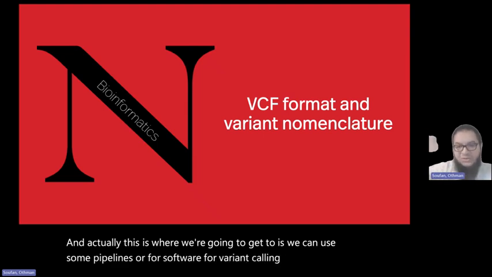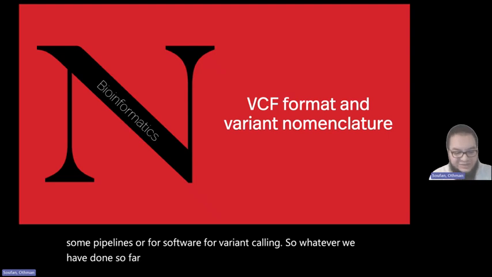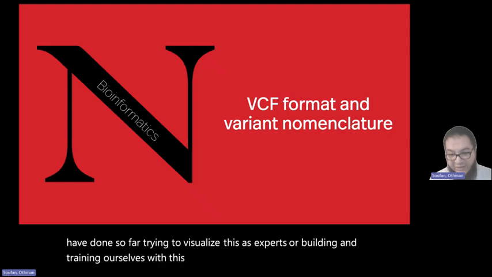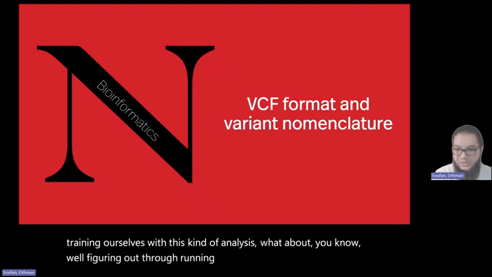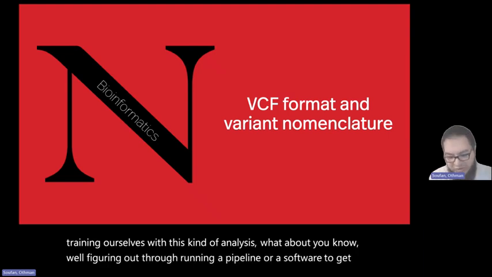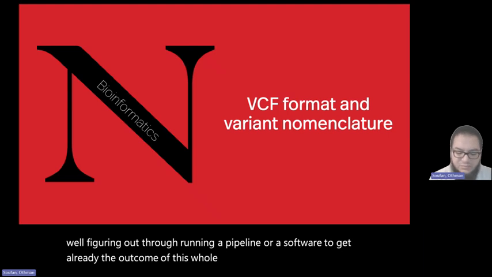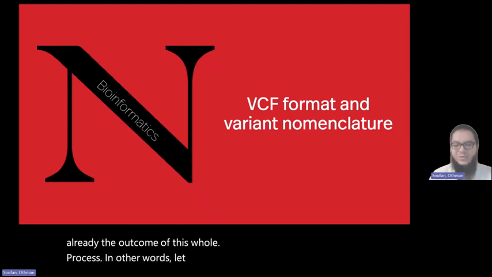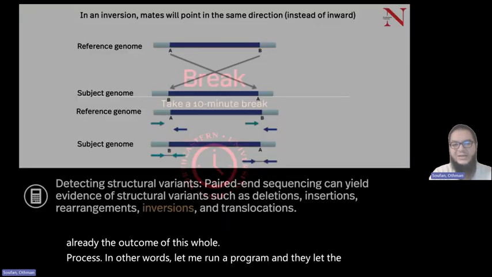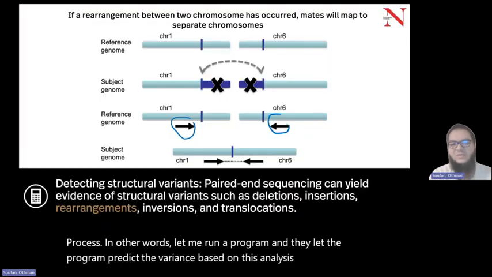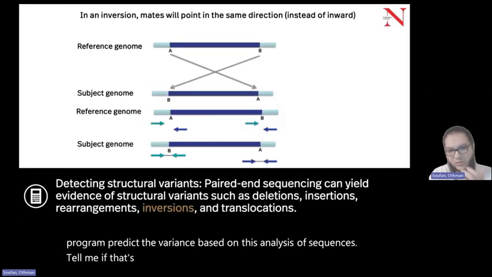So whatever we have done so far, trying to visualize this as experts or training ourselves with this kind of analysis, what about running a pipeline or software to get the outcome of this whole process? In other words, let me run a program and let the program detect the variants based on this analysis of sequences. Tell me if that's insertion or deletion or whatever.